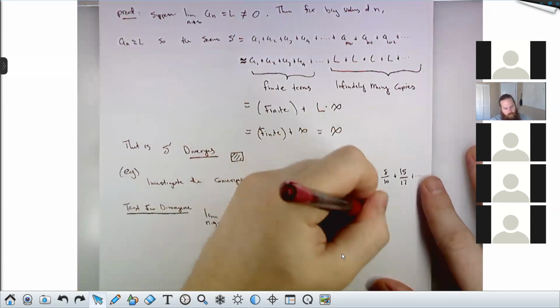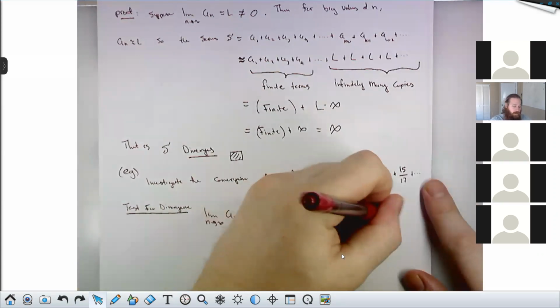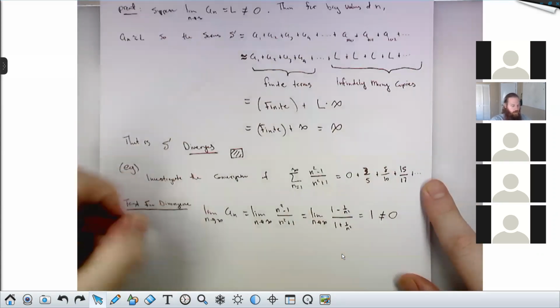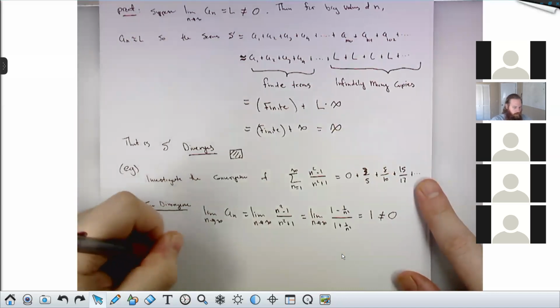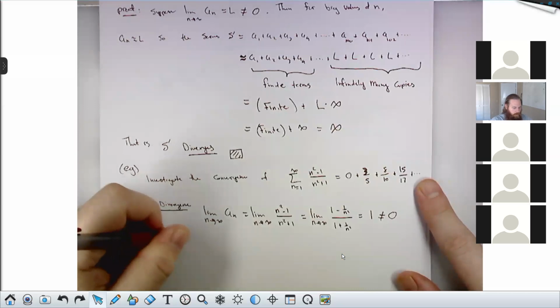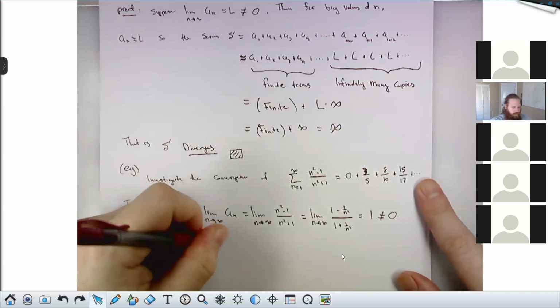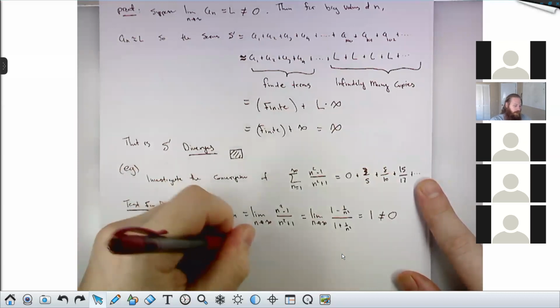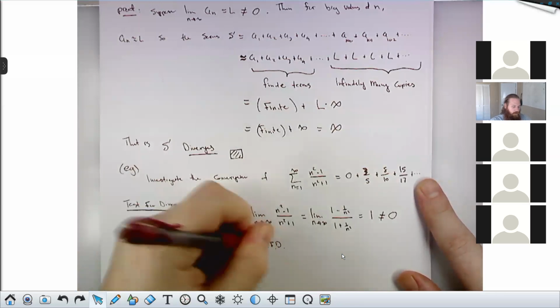The 1 over n squareds go to 0, so that's 1 over 1, which is 1. And 1 is definitely not 0. So the series sigma n from 1 to infinity of (n squared minus 1) over (n squared plus 1) diverges by the test for divergence, which we'll abbreviate here as TFD.